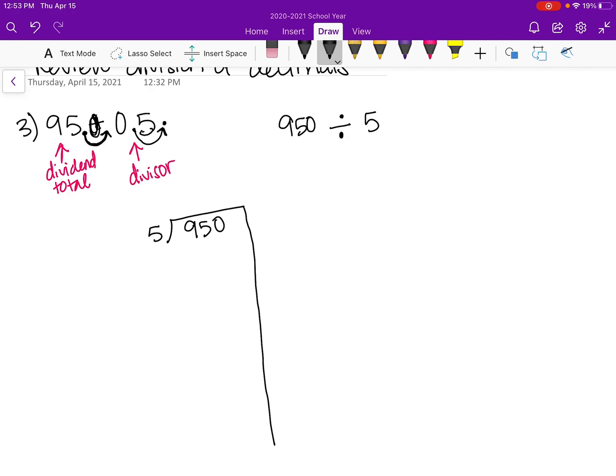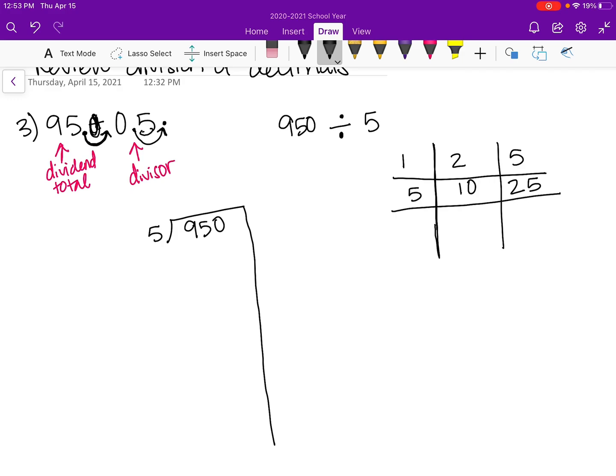So before I start, I'm going to make a number bank, or a number table if you want to call it that, where I'm going to figure out 1 times 5, 2 times 5, and 5 times 5. This will give me easy numbers to pick through. So 1 times 5 is 5, 2 times 5 is 10, and 5 times 5 is 25.